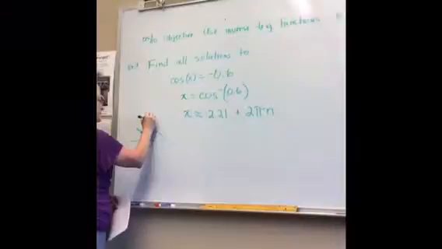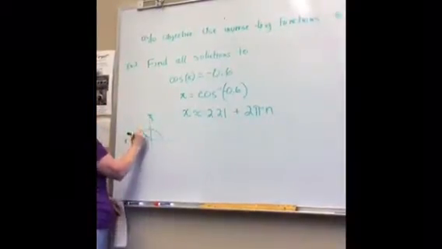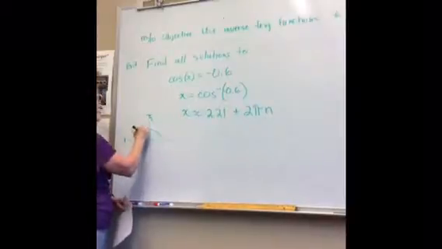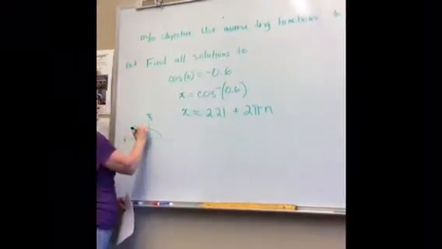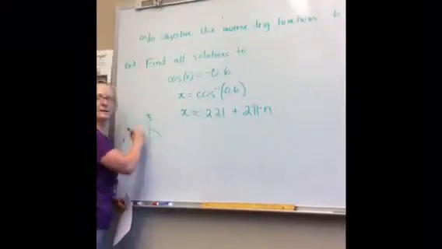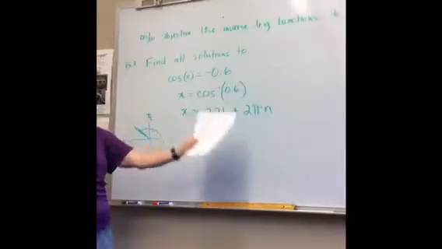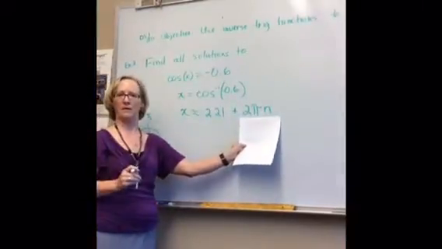This is pi over 2, this is pi, and pi is 3.14, so 2.21 is over here, and every 2 pi n, it's going to keep hitting that, or going backwards, it's going to keep hitting it, right? So if it's wanting all solutions, this is always going to be part of what we're doing.